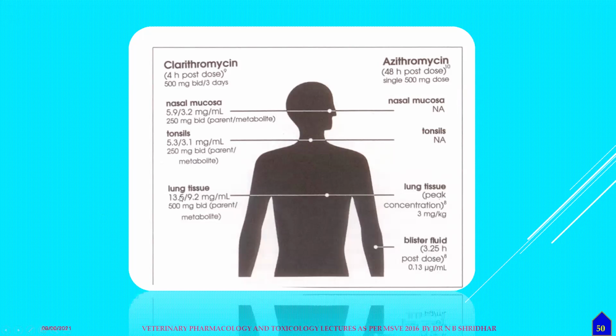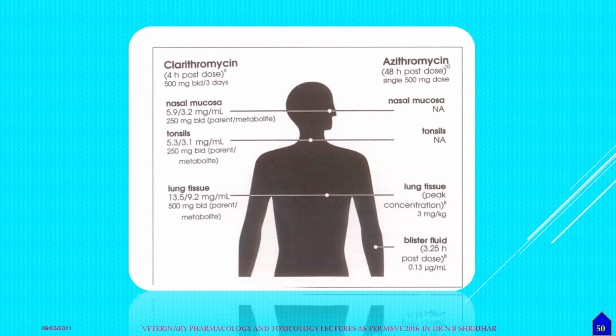So it will be 13.5 or 9.2 milligram. That's the peak concentration that will be reached. So if you administer the tablet weighing 500 milligram BID, meaning twice a day, then it will be 13.5 in a given time.